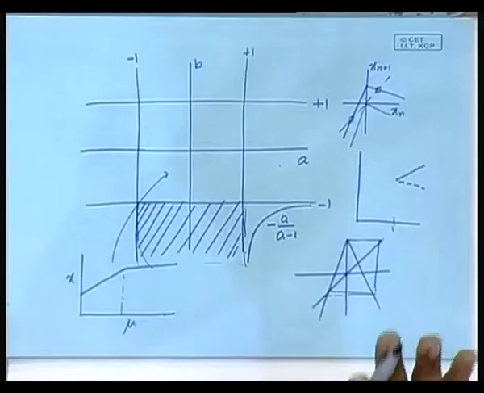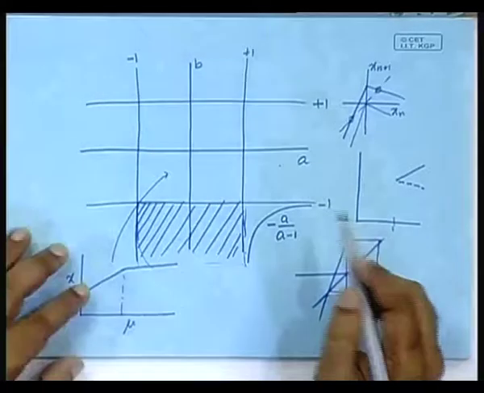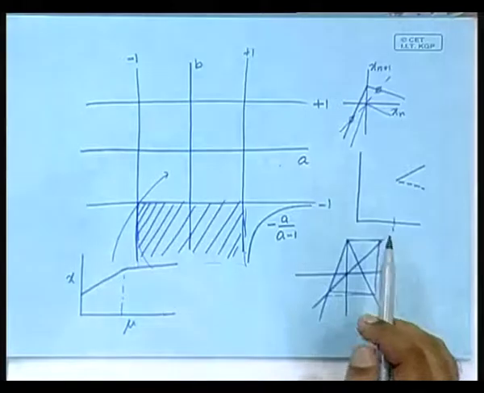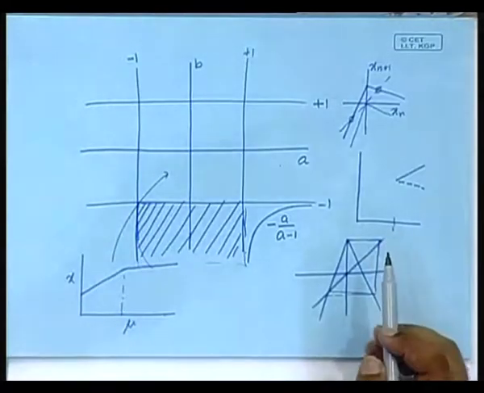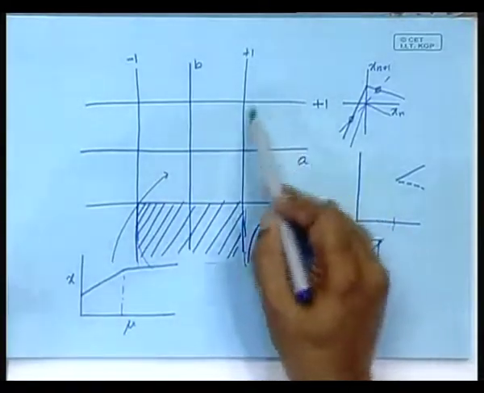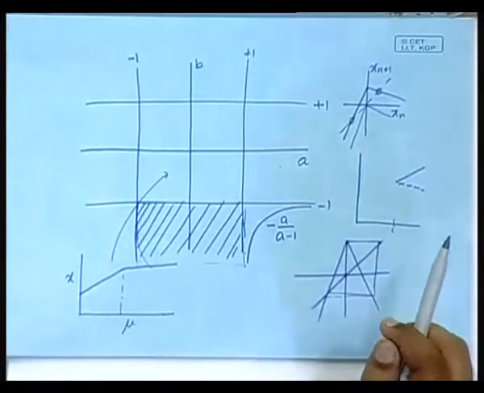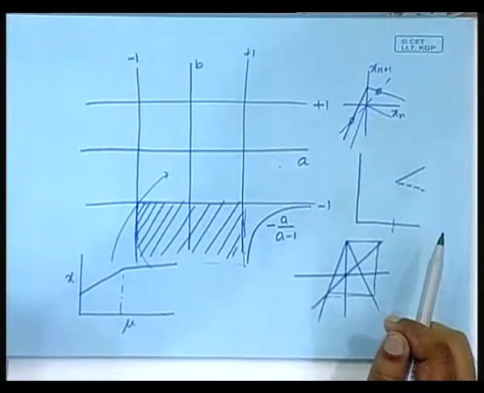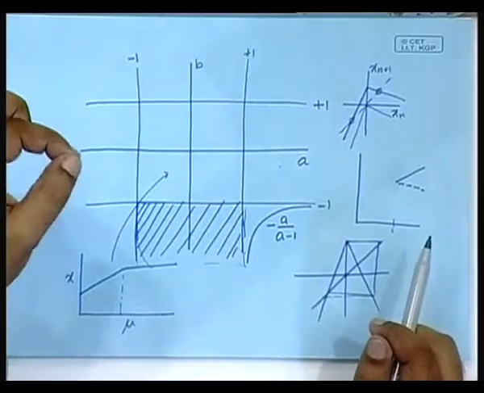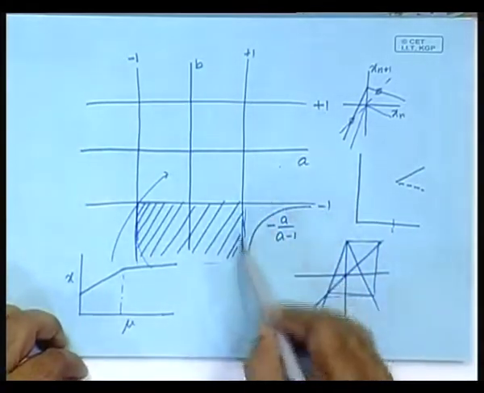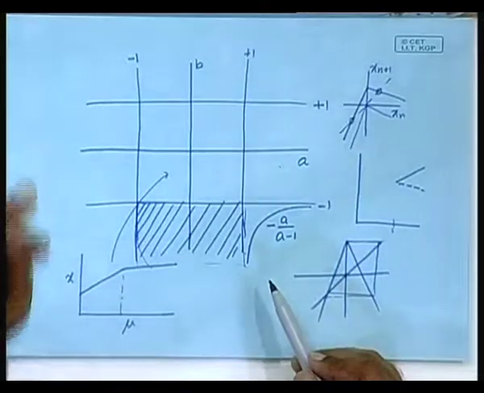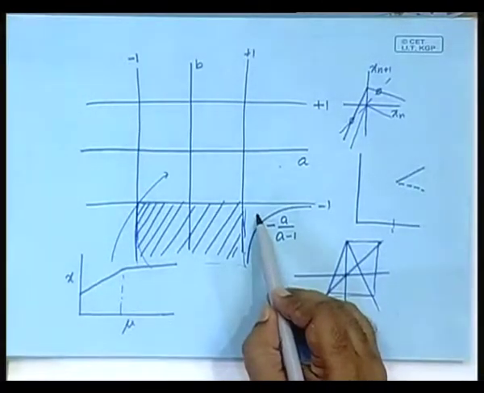So, we have more or less worked out the whole situation here. Again, let me recapitulate what happens here. Period 1 orbit remains stable. What happens here? Like a saddle node bifurcation, a period 1 orbit stable and another period 1 orbit unstable are born. What happens here? 2 orbits are born, both are unstable, but there can be chaotic orbit here.